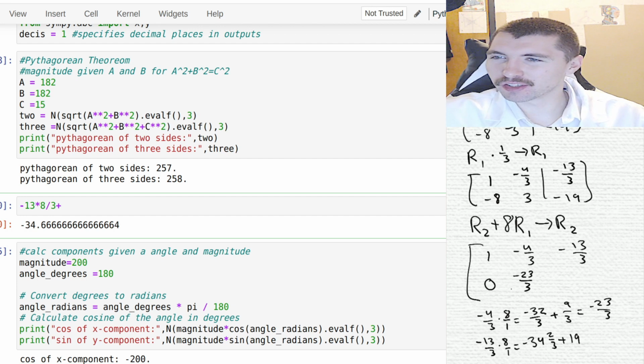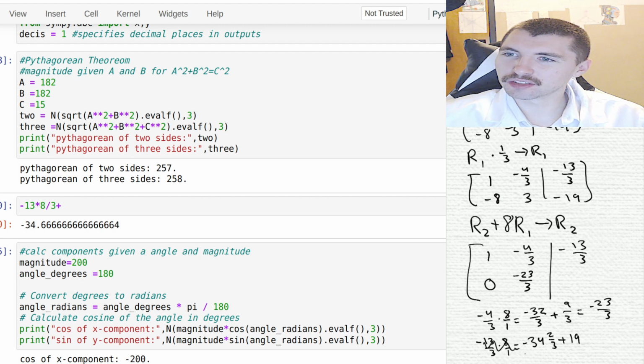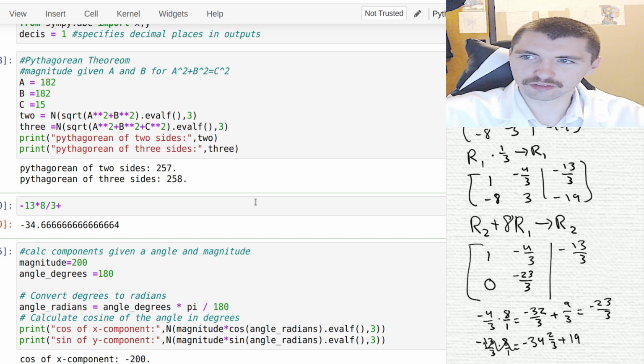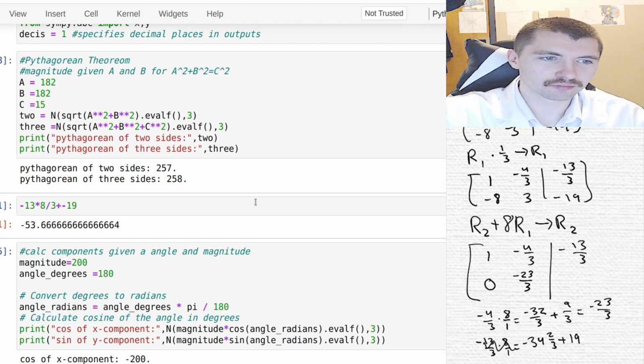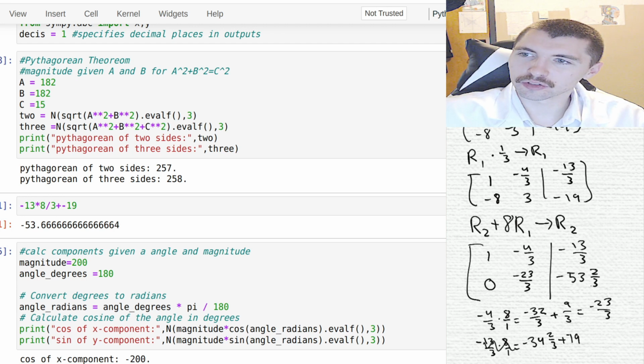We're solving for 19, so we should have done 8 times row 1, so -34 plus -19. Okay, so yes, we were right. I just got lost. So we're going to get -53 and 2/3.